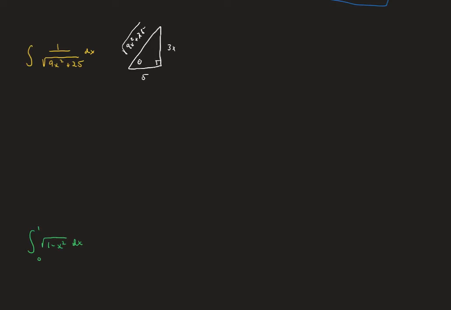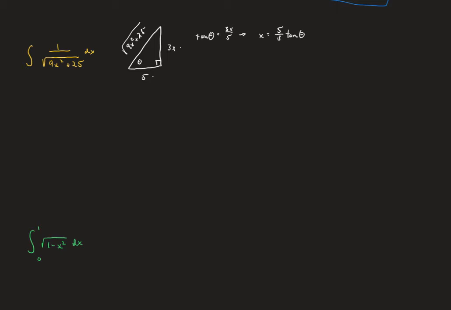I think this is the way we want to do it. So when we partner our x with our constant, that's going to be tangent of theta is 3x over 5. So that means x is going to be 5/3 tangent theta. So we wanted the x to be a sine, a tangent, or a secant, so we're in good shape.